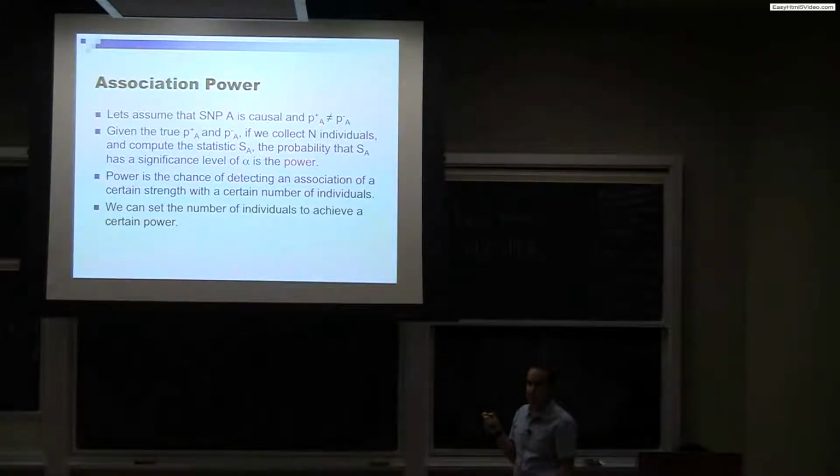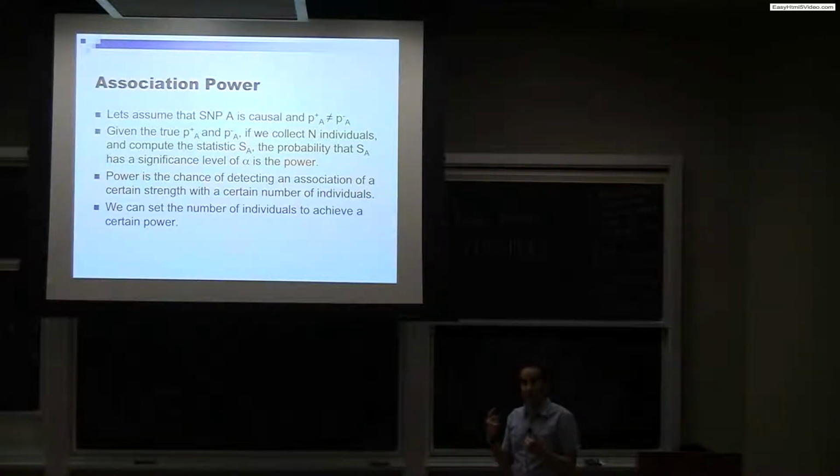Let's say you assume that you know what these two values are. Now the question you want to ask is, if you collected n individuals in your study, and then measured their frequencies, plugged them into the statistic, assumed the null hypothesis, and computed whether they're significant or not.